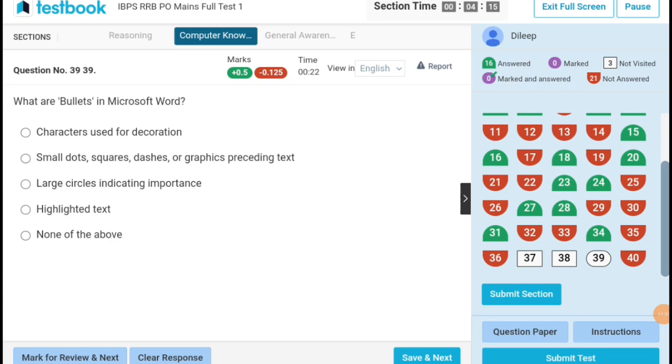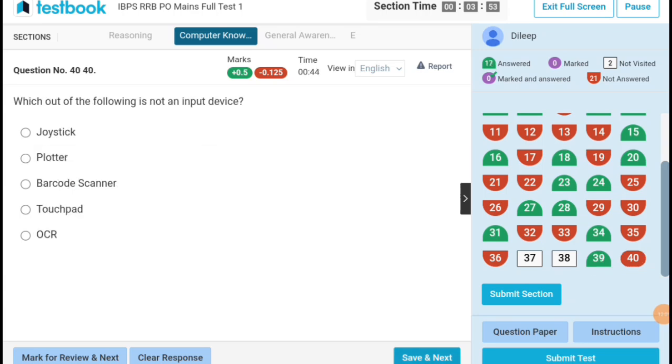I think small dots, squares, dashes, or graphics. Next.